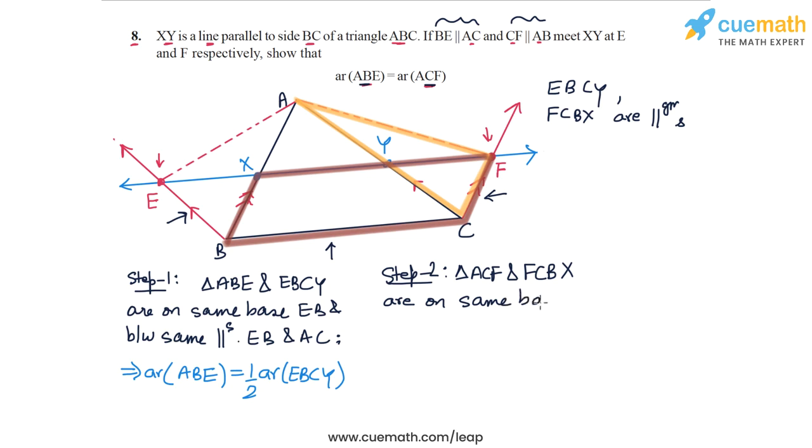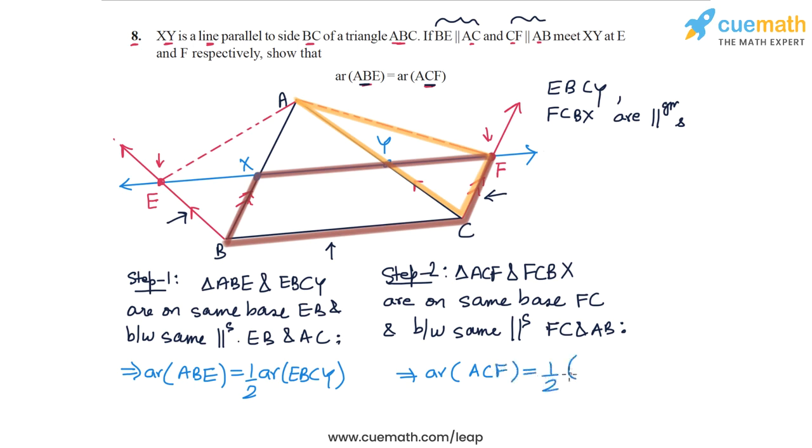The same base in this case is FC, and they are between the same parallels, and the same parallels are FC and AB. And because of this, the area of ACF is equal to half of the area of the parallelogram FCBX.